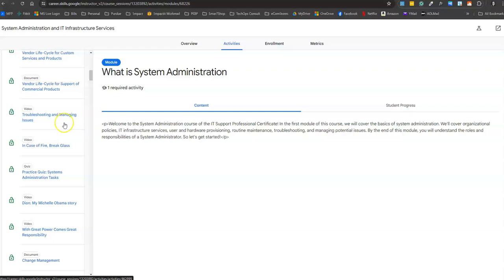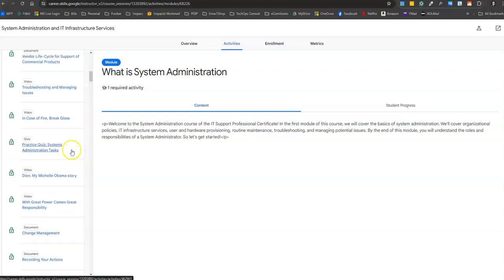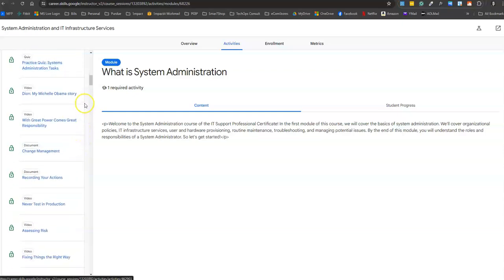In the system. In case of fire, break glass. That was a good one. And then your practice quiz right here. A little bit about Dion and their Michelle Obama story. With great power comes great responsibility. Of course, as a system administrator, you do have a lot of responsibility, especially keeping the system secure and up to date, maintain what it needed at all times as well.